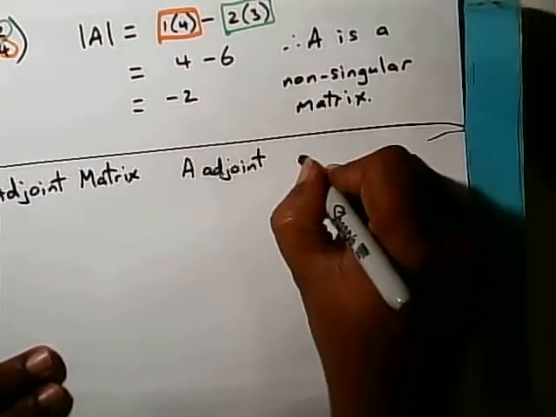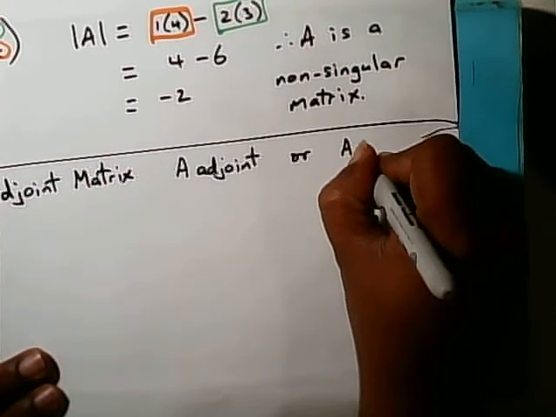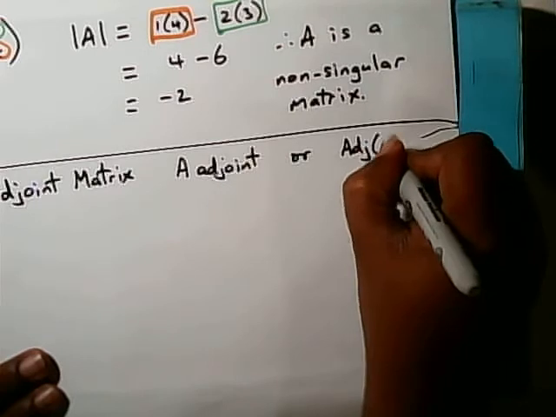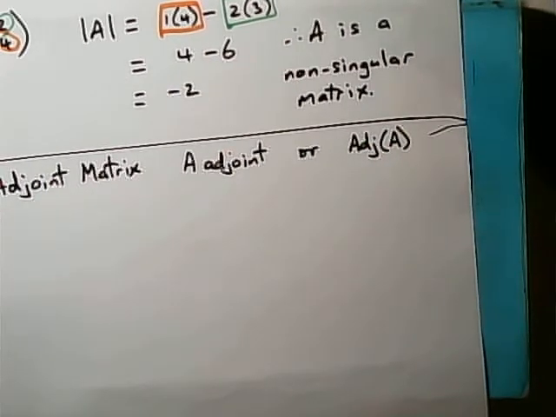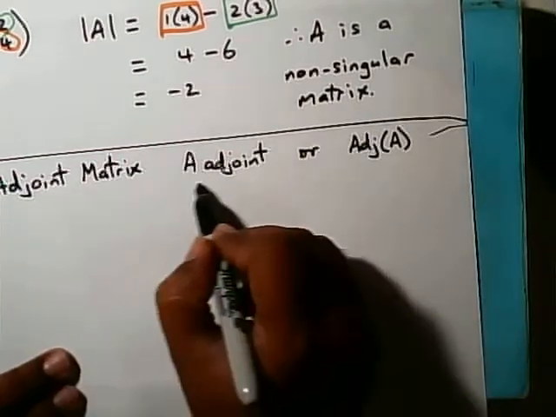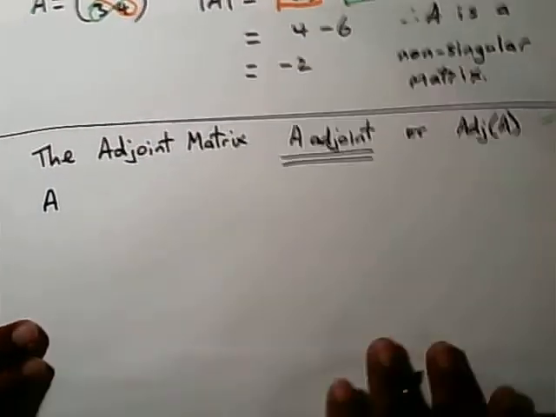Or I saw on the internet sometimes they would write it as ADJ A. But that's a new thing I'm seeing on the internet. This is the way I know it, A adjoint. So I'll do it like that.